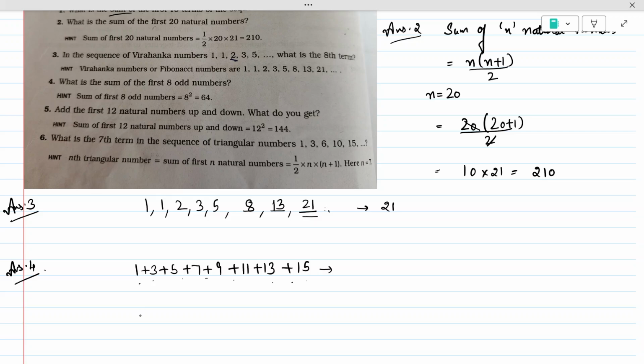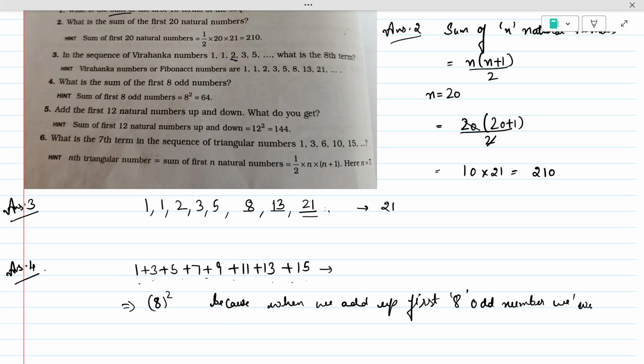So we can directly write down the answer as 8 square, because when we add up first 8 odd numbers, we will get square of 8.